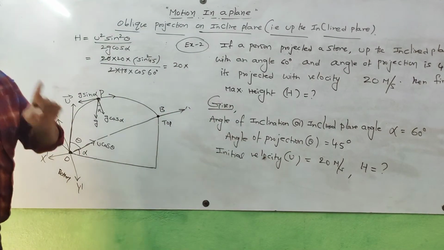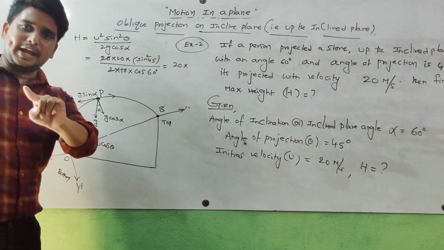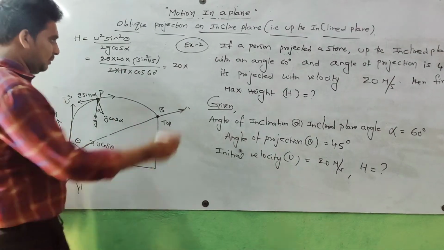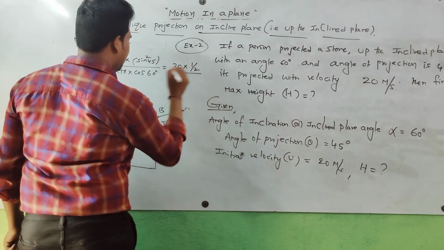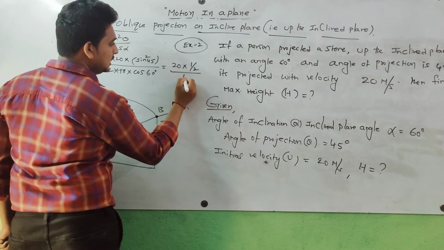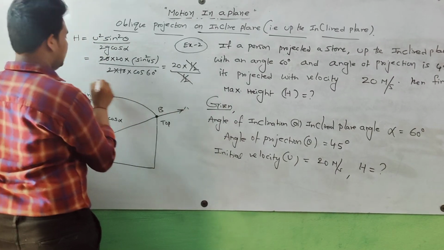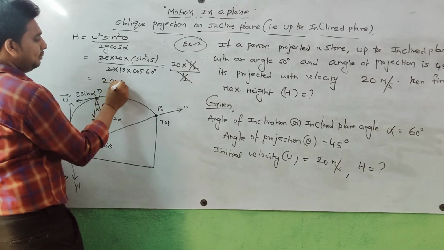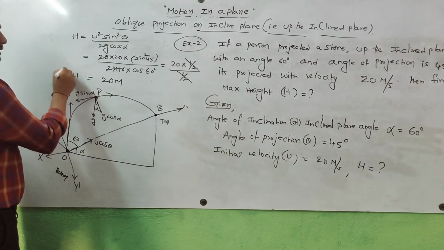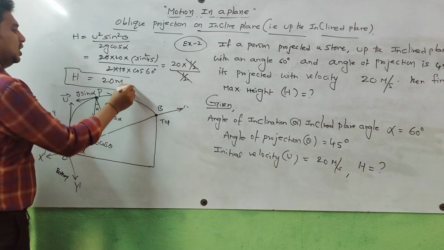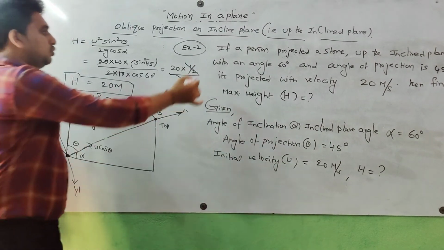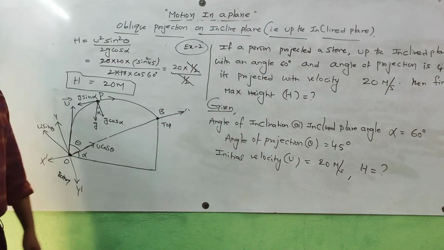Sin 45 value is 1 by root 2, whole square that means 1 by 2, by cos 60 value 1 by 2. Here the 1 by 2 cancels. Height h is equal to 20 meters. So 20 meters is the maximum height.